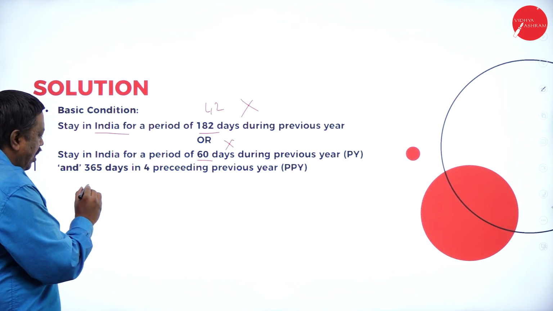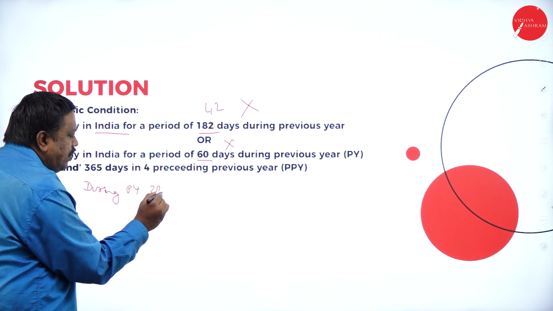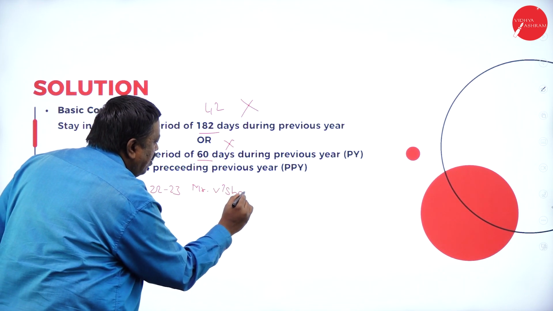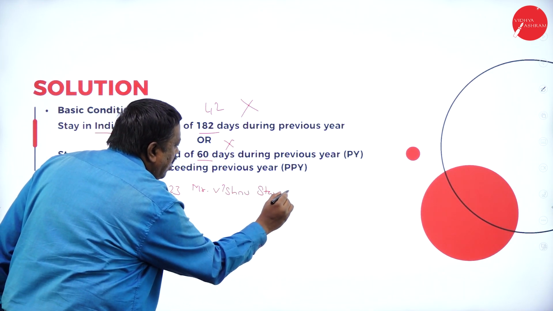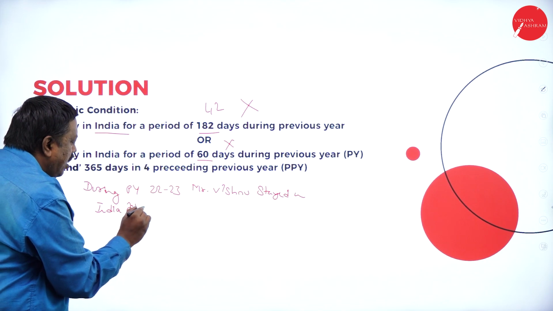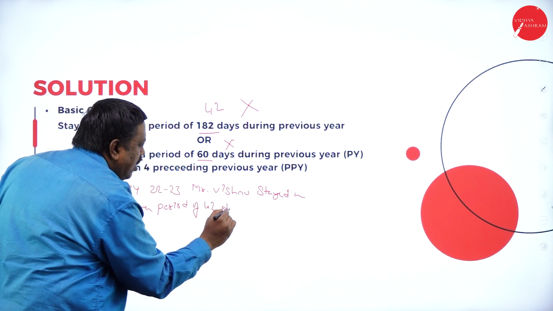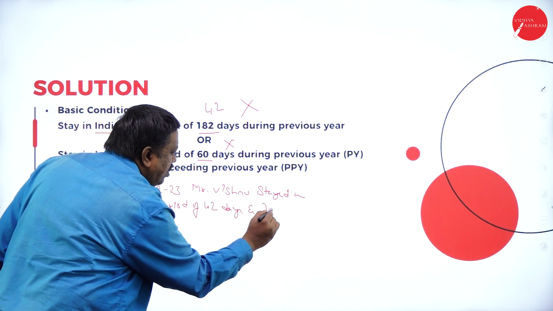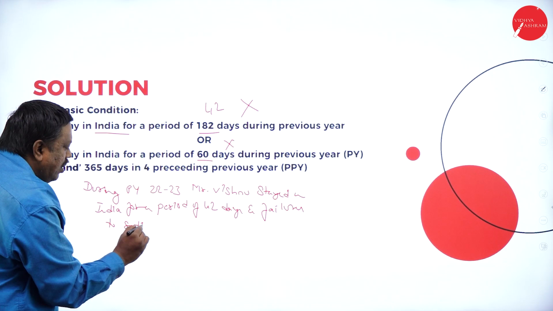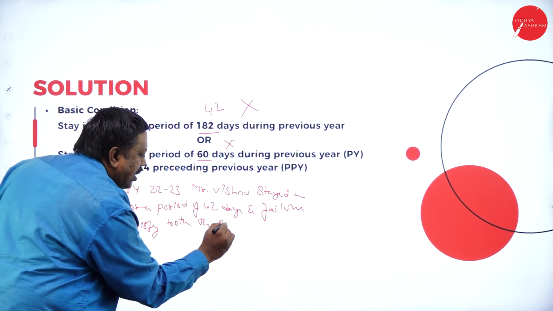During previous year 2022-23, Mr. Vishnu stayed in India for a period of 42 days and failed to satisfy both the basic conditions.